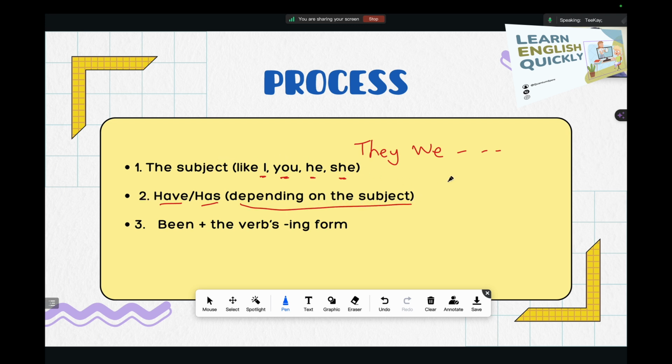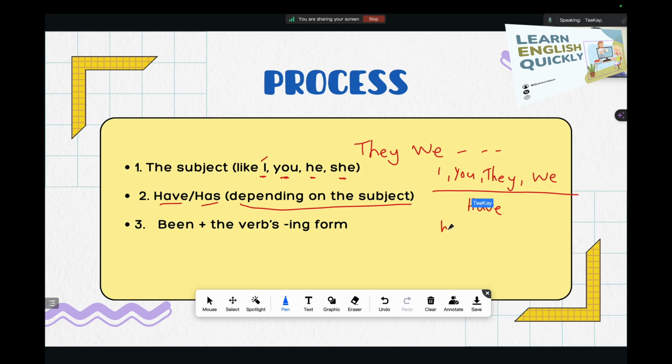And if you know your grammar, you know that if we have I, okay, let's write it here. I, you, they, we, with all these, we use have.